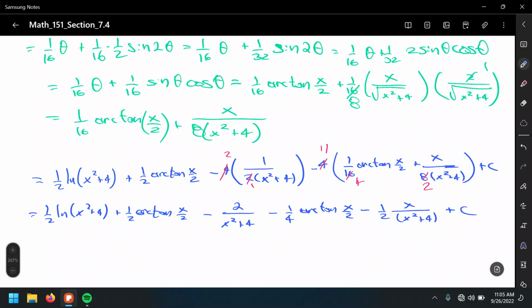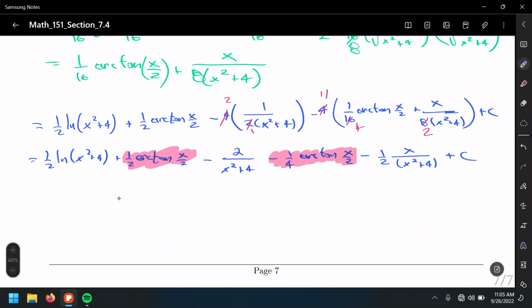Plus c. It turns out that we can combine like terms because we have these arctans that have the same argument inside of their parentheses. They have the same composition. All they have different is their coefficient. So all we do is subtract 1/4 from a half, leaving us with 1/4.